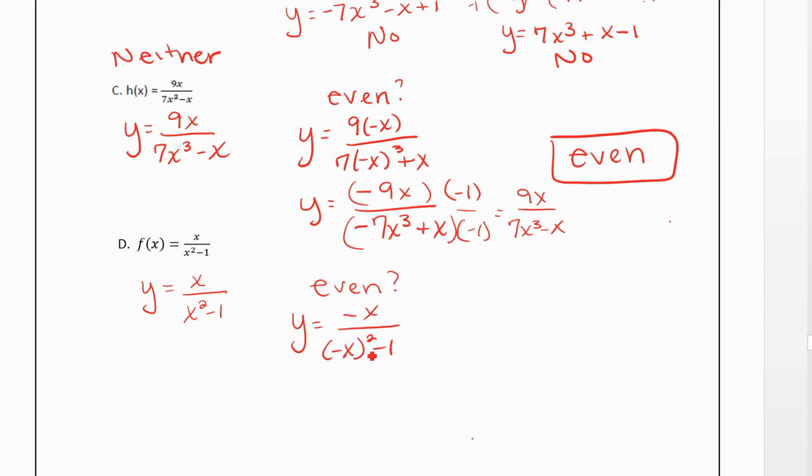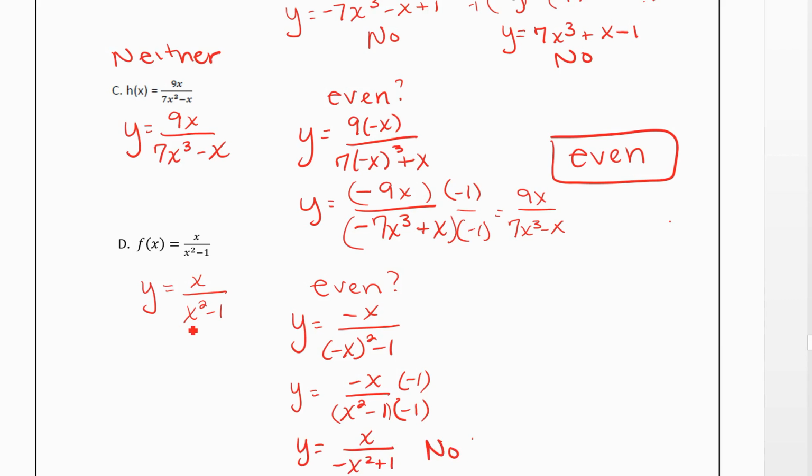Now the negative x squared, which would be negative x times negative x, the negative 1 times the negative 1 become 1. So this will be negative x over x squared minus 1. Now we do have to make sure that multiplying by a negative 1 doesn't give us what we started with. And if we do that, we would get x over negative x squared plus 1. And that doesn't give us the same thing as what we started with. So this function is not even.